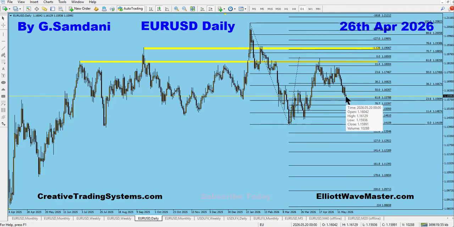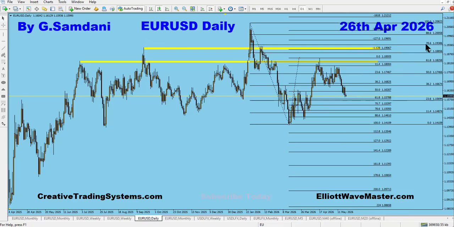So the first thing is that with this fib, now notice that 61% and 23% are very close to each other. So price may drop here and then bounce from here. So now from here, it's going to bounce. The first target will be the 23% line, and then we break that and go for 78% to make the Gartley pattern.